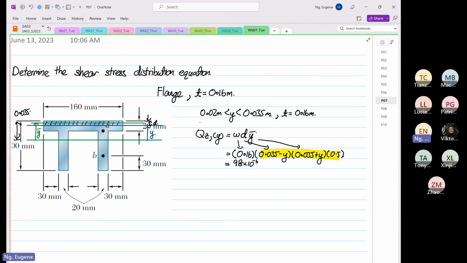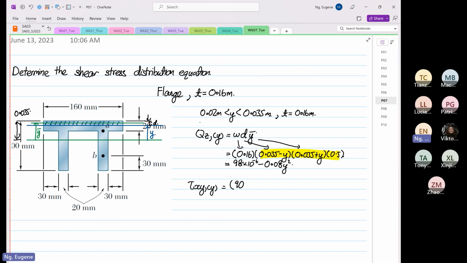And then you have to subtract 0.16 times 0.5, which is 0.08, times y squared. So that is the first moment of area distribution equation. From here, directly, you can find shear stress xy as a function of y.